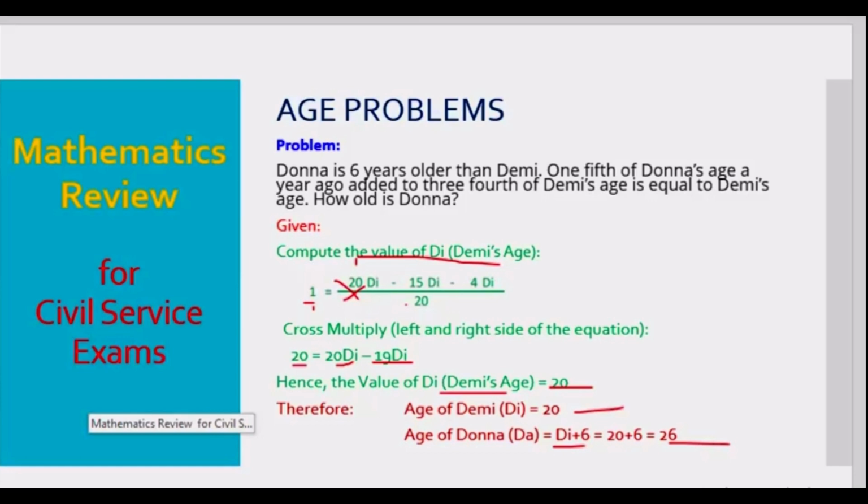It's easy, a bit tricky, but you need to follow the conditions. Then you know how to apply mathematical operations: how to transpose from left to right, how to cross multiply, and how to combine similar terms.